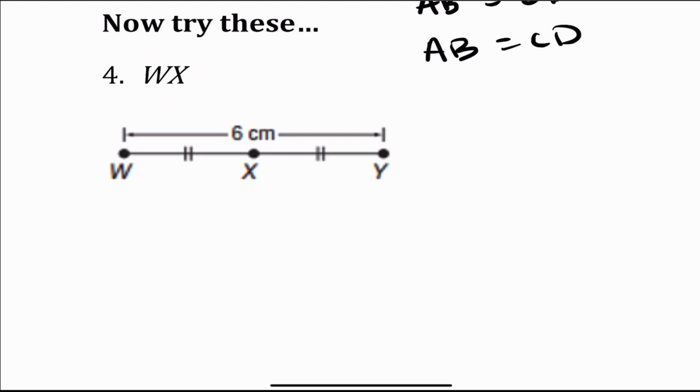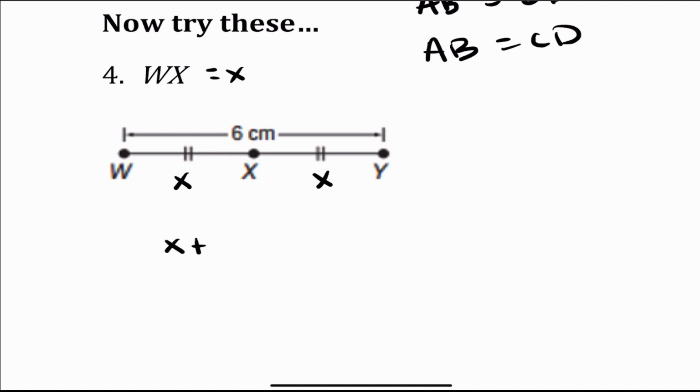No. So if we don't know what something is, what we do in mathematics is we just give it an unknown variable, and we just call it x most of the time, right? So WX is going to be x. And since these two segments are congruent to each other, if this is x, this has to be x as well.